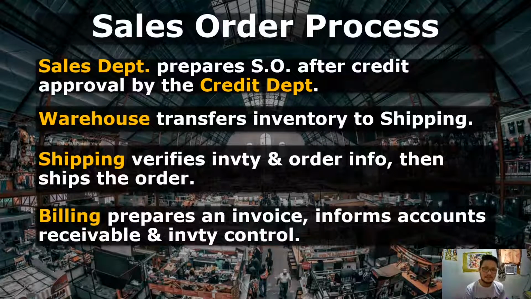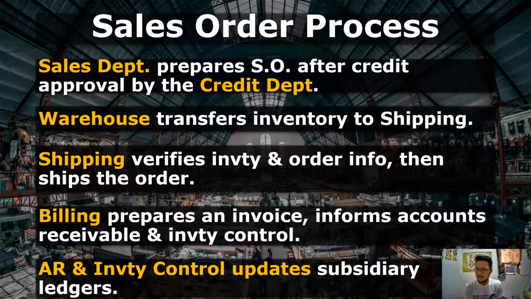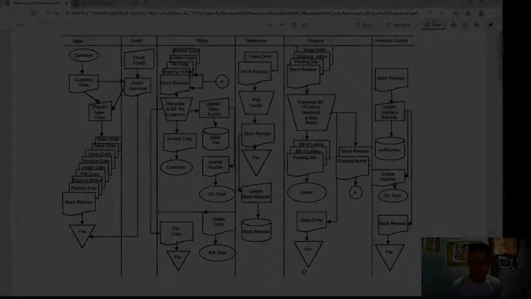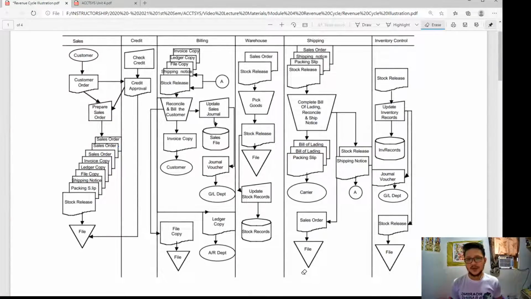After shipment, the billing will start preparing an invoice and inform the accounts receivable and inventory control departments. And then lastly, AR and inventory control updates subsidiary ledgers. May kulang pa to. There should be another phase wherein the general ledger updates the control accounts. There. So guys, sales order processing.